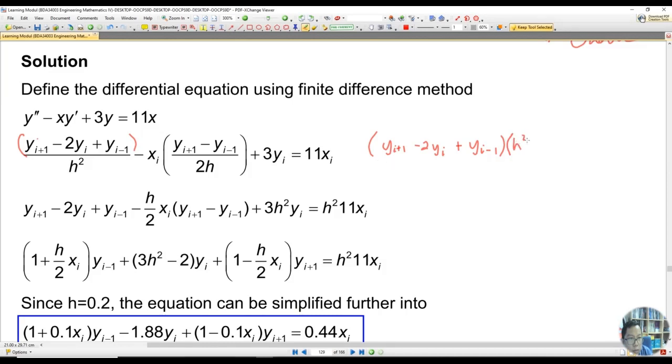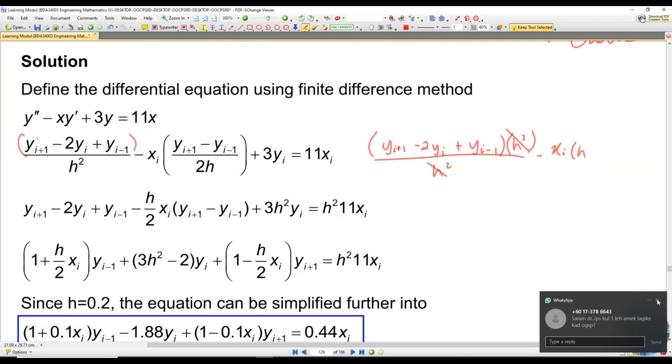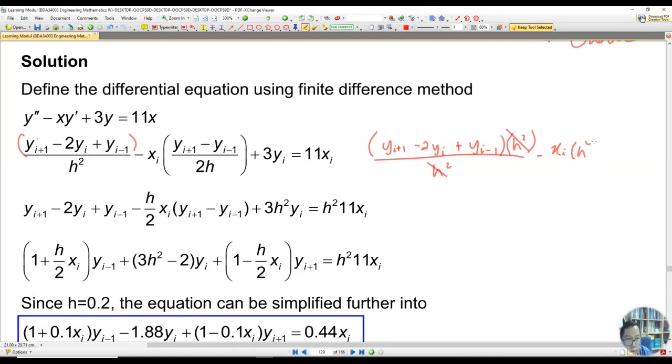Multiply by h squared, divided by, this is how we are going to eliminate this one, and minus x_i h squared, and then multiply by y_{i+1} minus y_{i-1} divided by 2h.